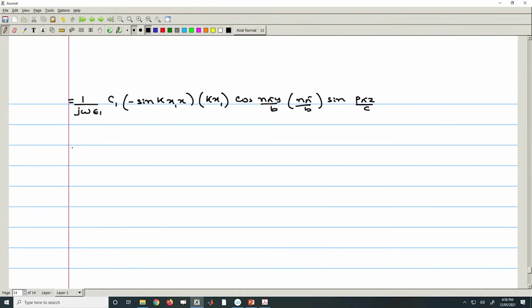Therefore, we get minus 1 upon j omega epsilon 1 C1 kx1 n pi by b sin of kx1 x cos of n pi y by b sin p pi z upon c. So, this is EY1.